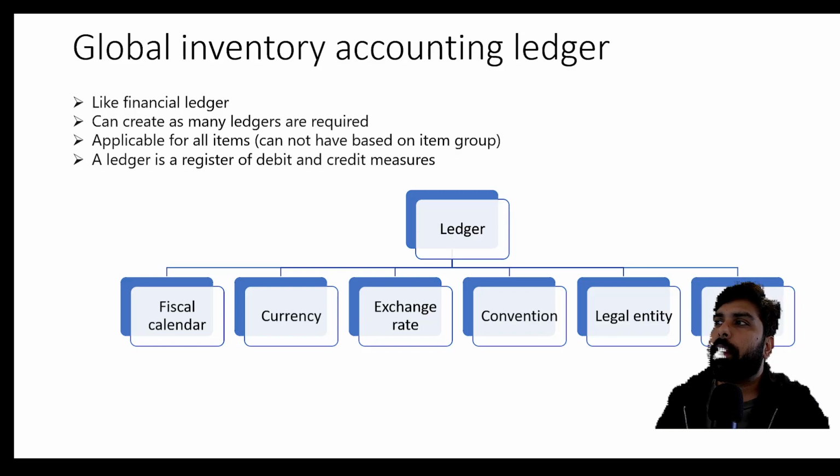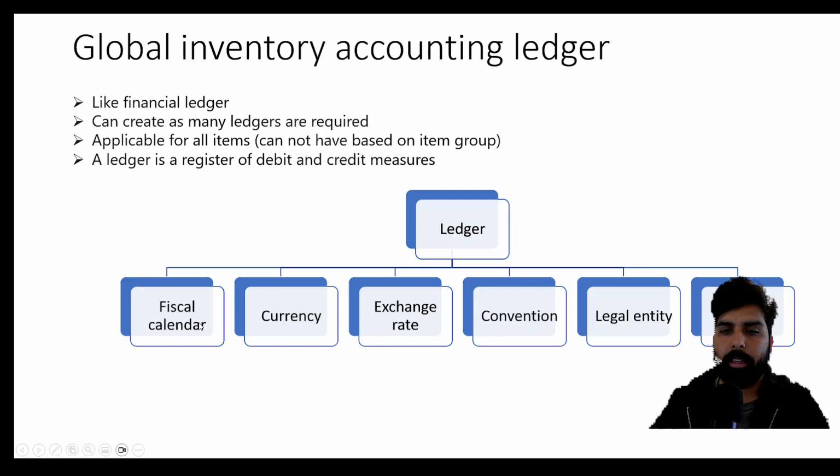A ledger is a register of debits and credits of the measures, and measures are nothing but your transactions and the valuation methods, based on the different conventions which you define. It captures your data sets for that. Now, from the component perspective, what are the different components you have for the ledger? You have the fiscal calendar, and you have the currency which you need to define.